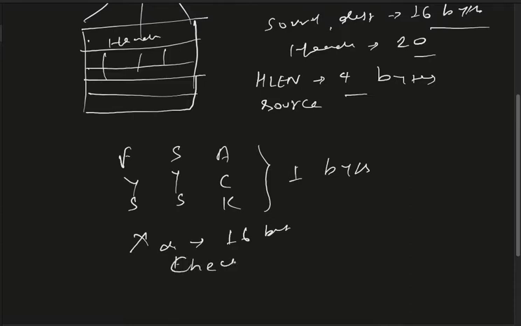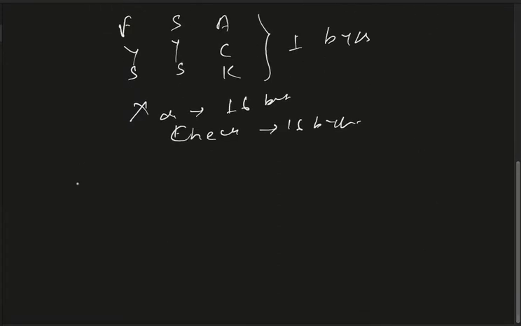Checksum is also 16 bits, destination, source. So this plays a very important role. Without this, the TCP/IP model would not work; it is very important. There are the properties of the checksum, used with the TCP/IP models.